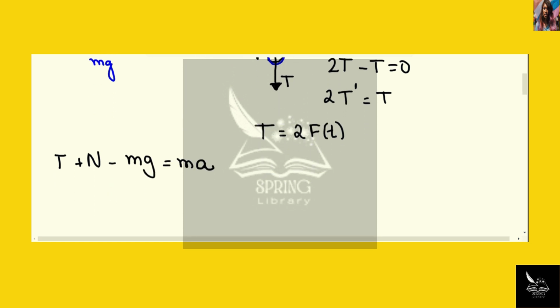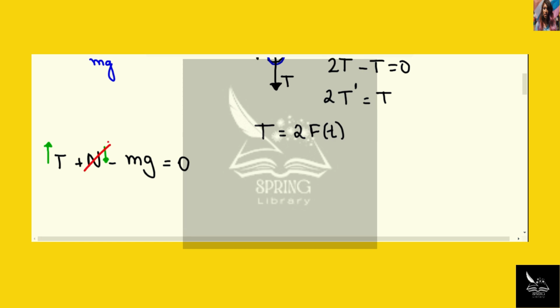Now notice that when the normal force is present, the block is still at the ground. And as the force T increases, the normal force decreases while the block is still. So a is equal to 0. And there's a point when the normal force is equal to 0.